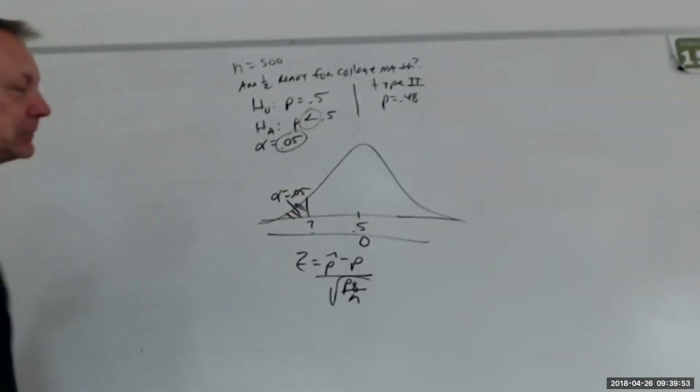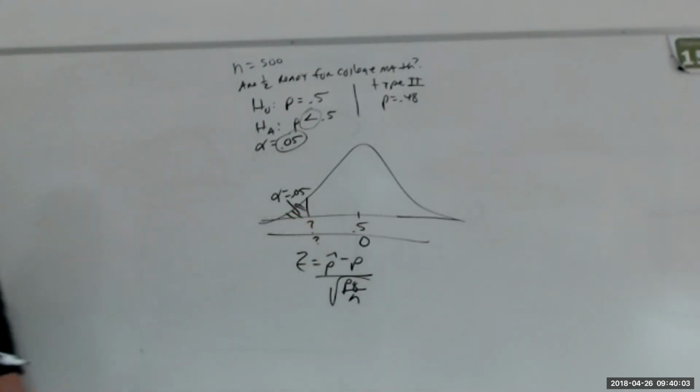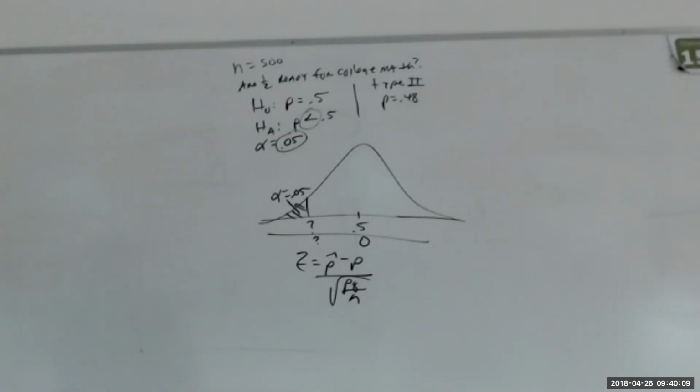How do we find that value? We know what it should be on a standard normal, right? Or how do you find it? Find it from the table.